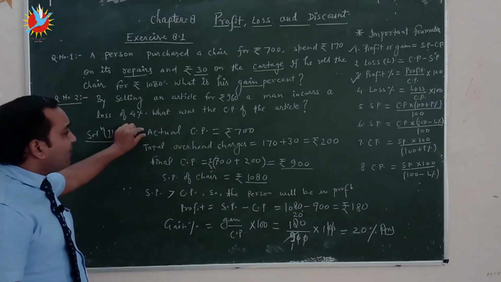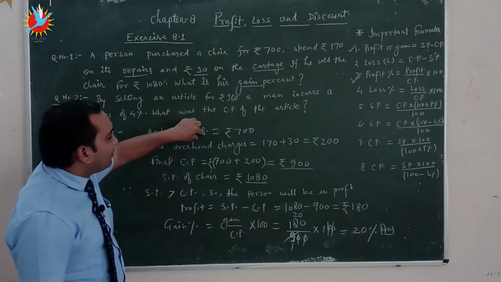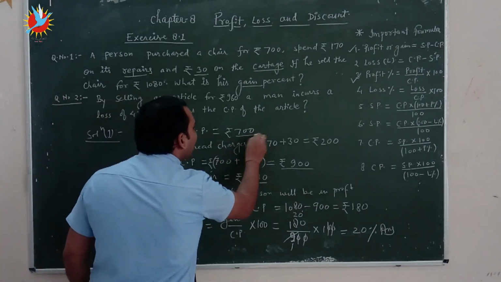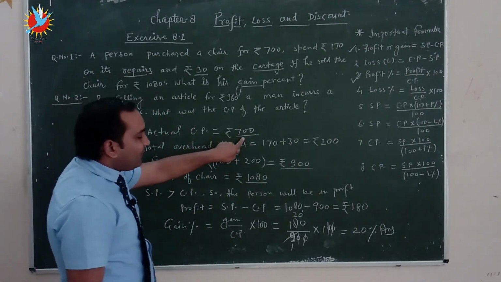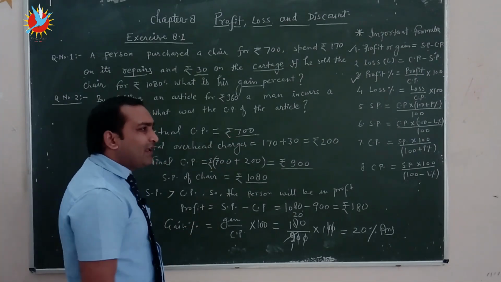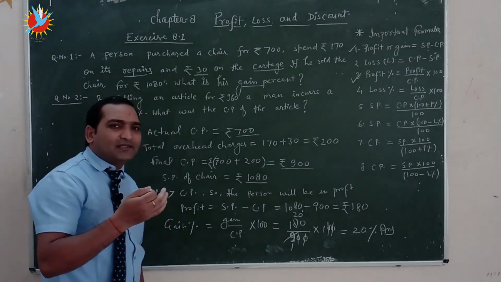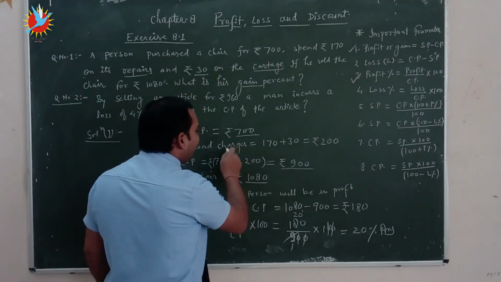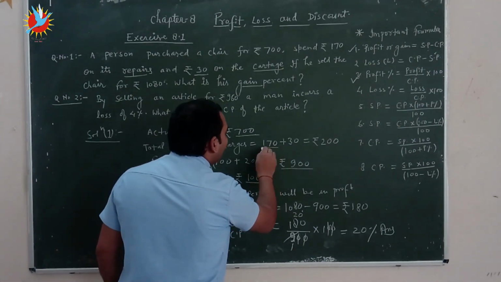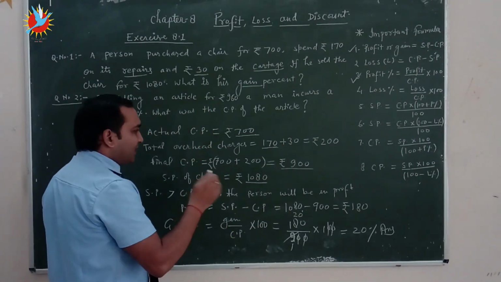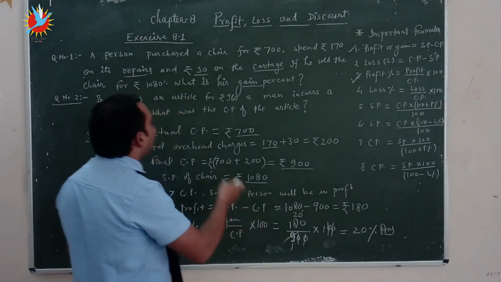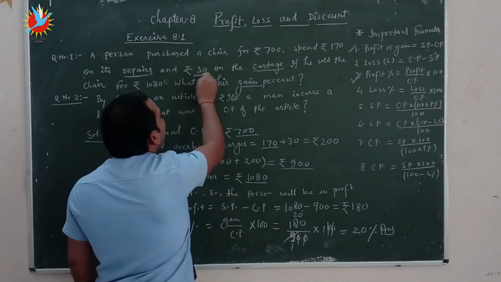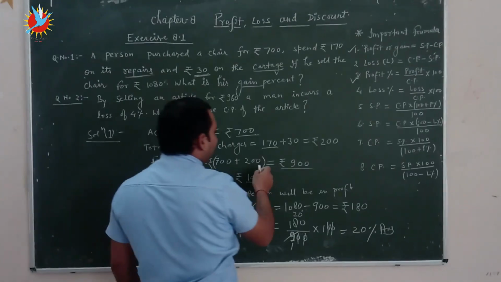So first of all we write actual price. What is the actual price at which the chair was purchased? So 700. Besides this he spent some more money on the chair, that is called the overhead charge. 170 extra expenditure on the chair, that is for the repairing, and for the cartage he spent 30 rupees.